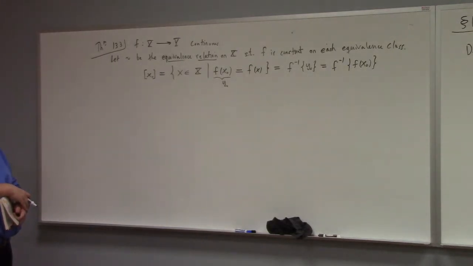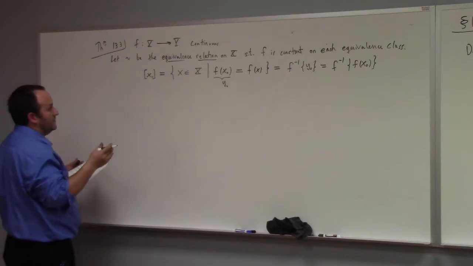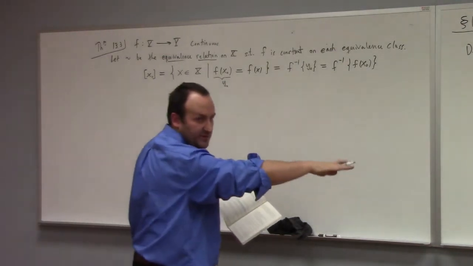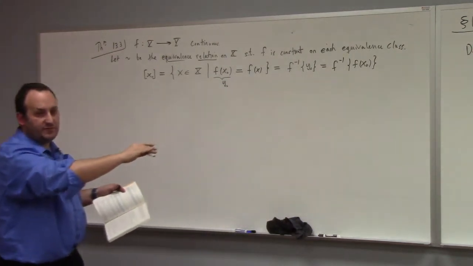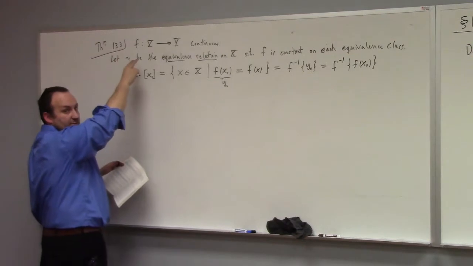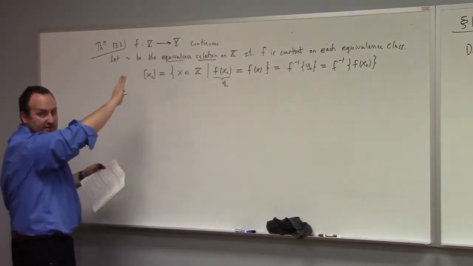Kernel? Kernel is an example of this, yeah. But this is a fiber, right? This is the fiber equivalence. So we've gone from a kind of abstract equivalence relation to the equivalence relation which is induced from a given function from one topological space to another, right? This is the context.